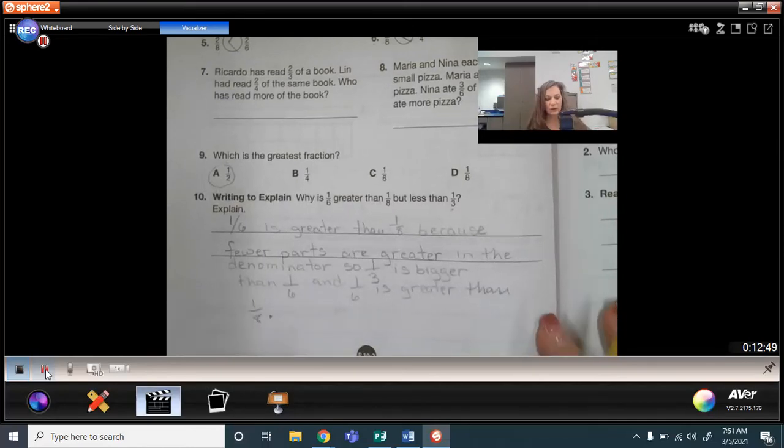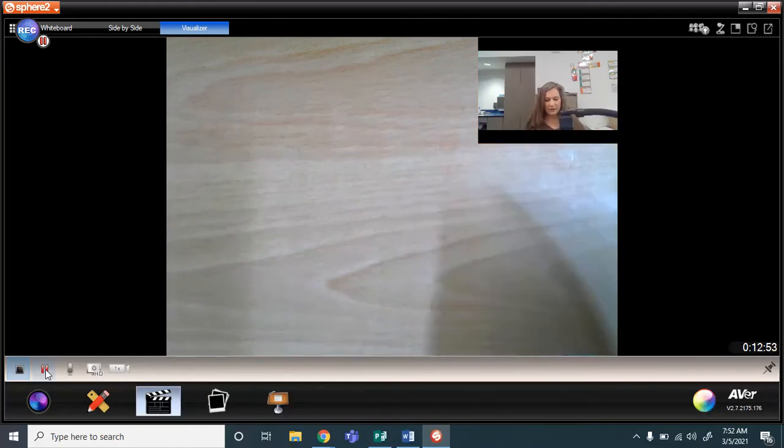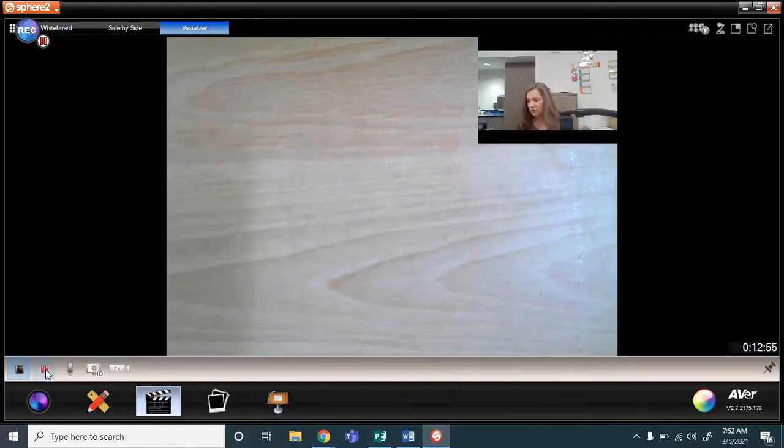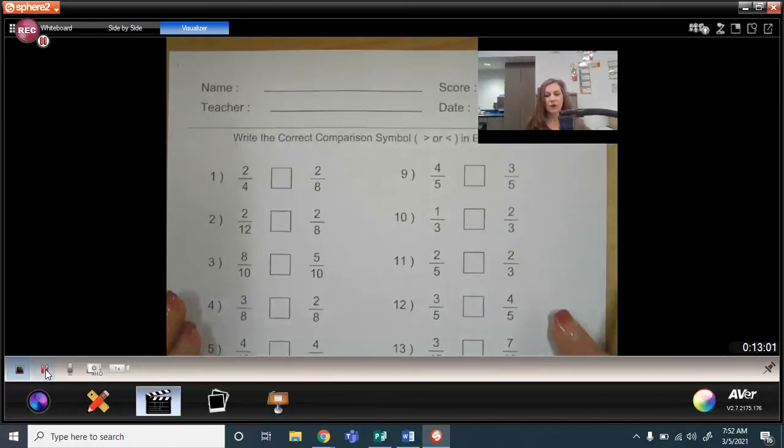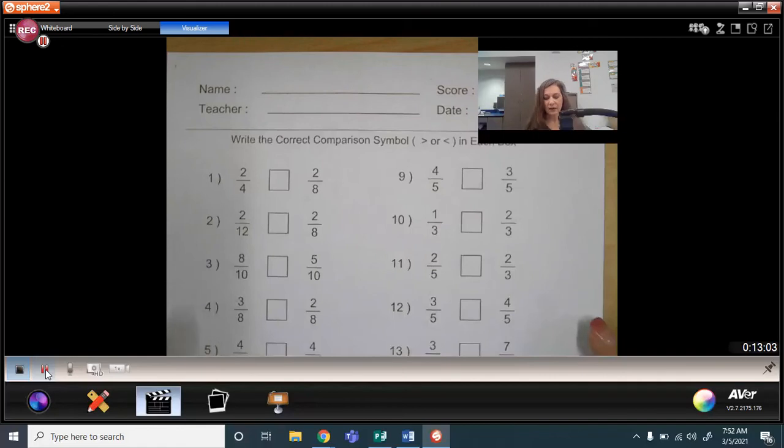So now let's take a look at your assignment for today. Along with your DMA quiz and your happy numbers and your fact fluency, there is a worksheet in your Schoology folder. You're going to open up the PDF file and you're going to need a piece of paper.